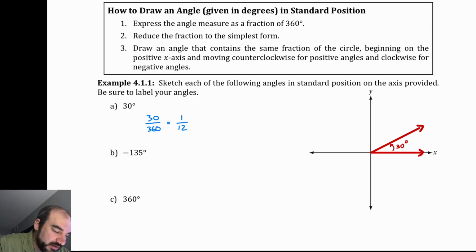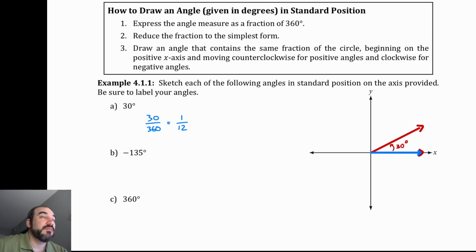So if I do another angle here, negative 135, which quadrant does the terminal side of negative 135 land in? The third? How do you know that?